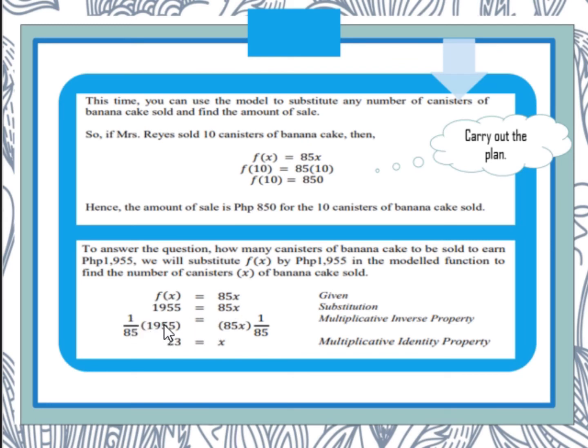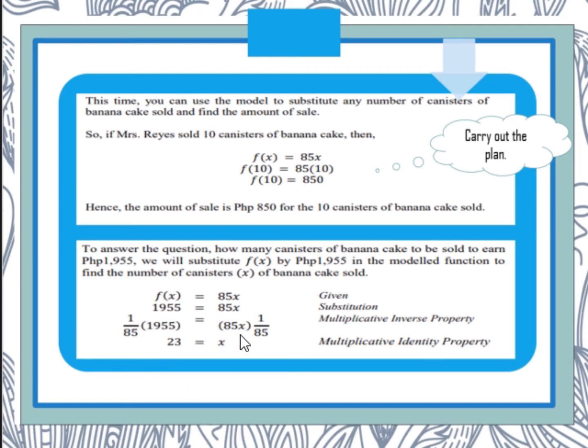Next step naman, para makuha natin yung value ng x, we will divide both sides by 85. Or, we use multiplicative inverse property, that is, we multiply 1 over 85 to both sides of the equation. That will become 1 times 1,955 is 1,955 divided by 85 is equal to 23.